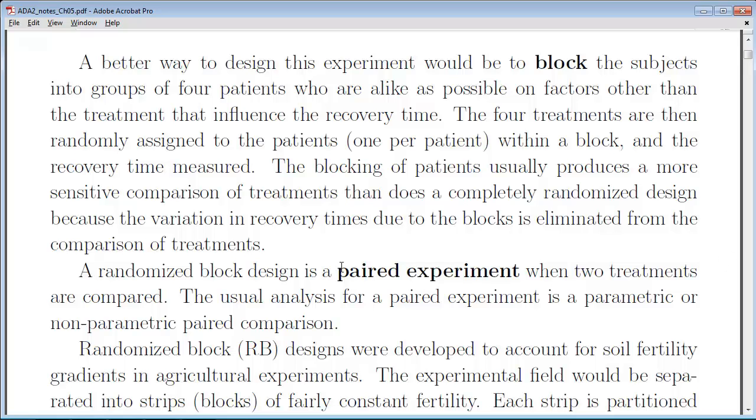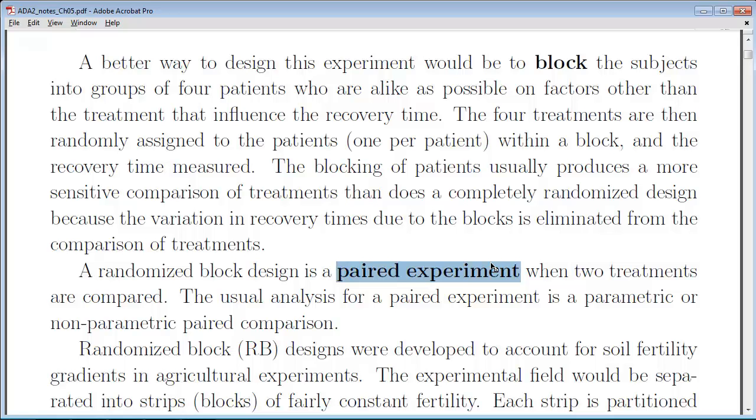Alternatively, a better way to do that experiment is to have every person have both treatments. So let them sit for 5 minutes, take their heart rate, and then let them exercise, jumping jacks for 2 minutes. That's a long time to do jumping jacks. And then measure their heart rate, and then take the paired difference. So we did that last semester. And that each person is their own block.